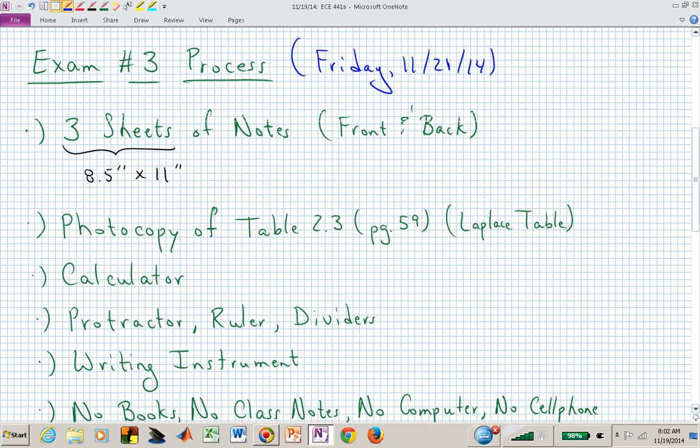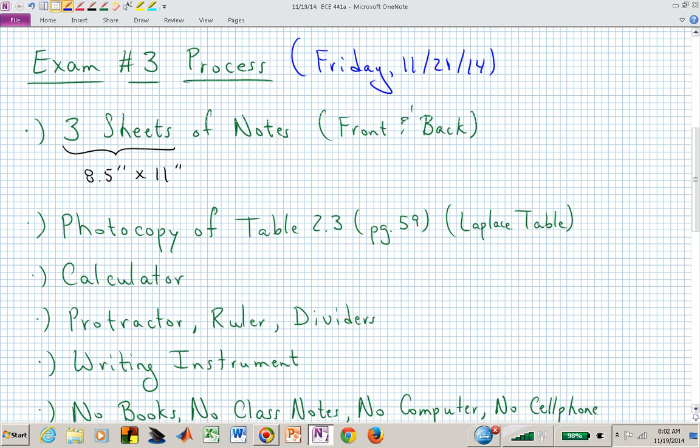We've just added another page to your sheets of notes that you are allowed, and those sheets can be filled up on the front and the back. You can bring a photocopy of a Laplace transform table from page 59. You can bring a calculator. You can bring all of your drafting tools if you want, your protractor, your dividers, and a ruler. The idea is to help you with your sketches.